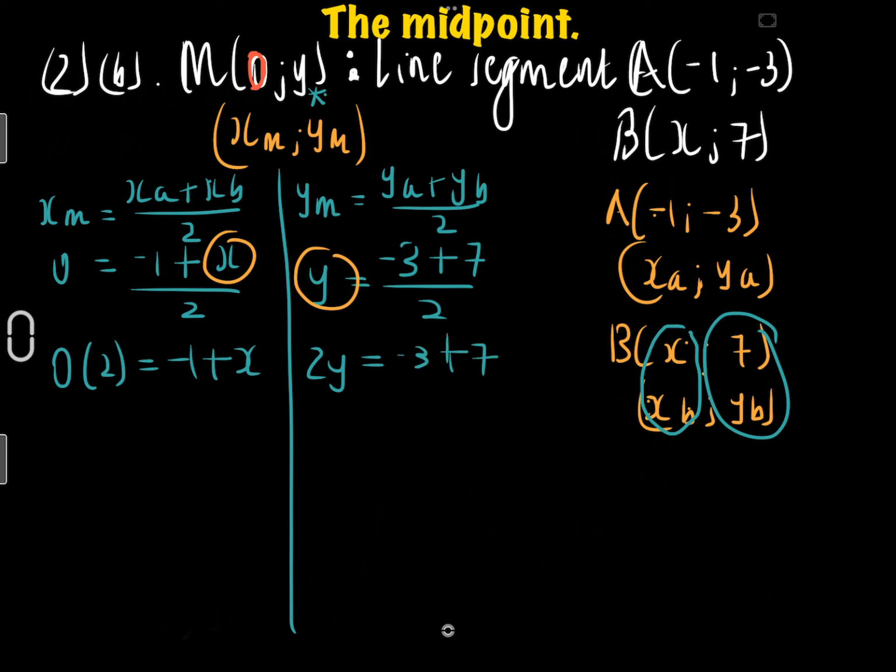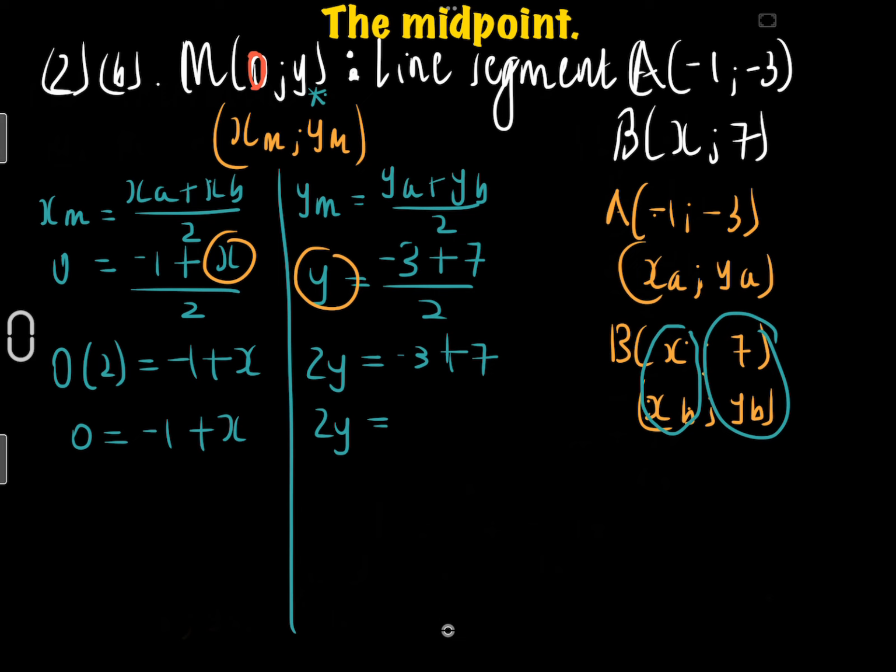Now 0 times 2 gives us 0 is equal to -1 plus x, and on this side we have constants, -3 plus 7, which gives us 4, and we maintain 2y because it's a coefficient.